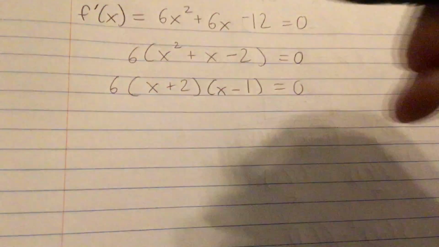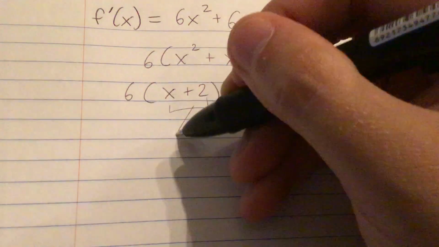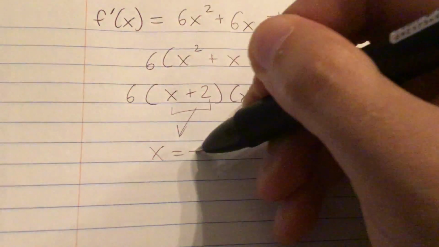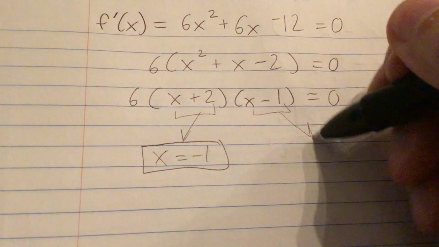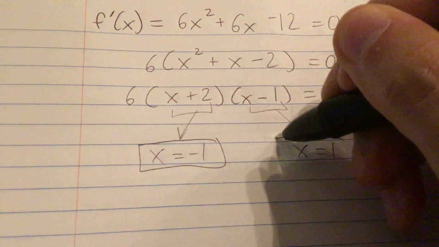So therefore, our critical points are located at x equals -1 or x equals 1. So it might help to actually view this like a number line.